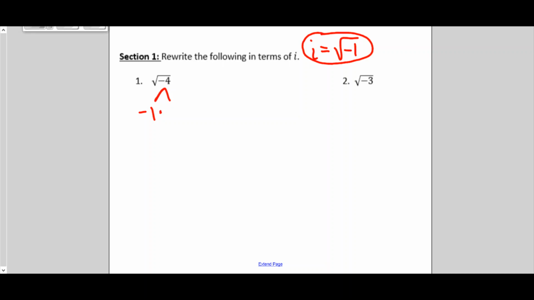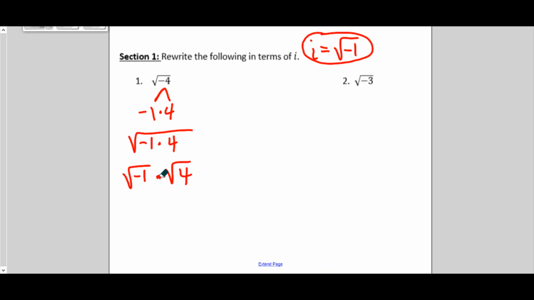So I'm going to split this up as negative 1 times, and then negative 4 divided by negative 1 is just positive 4. So I'm left with 4. So I'm doing negative 1 times 4. And then I'm applying my product property of square roots. So I have a product. I'm going to do negative 1 times 4 underneath the square root. So I split it up as square root of negative 1 times the square root of 4.